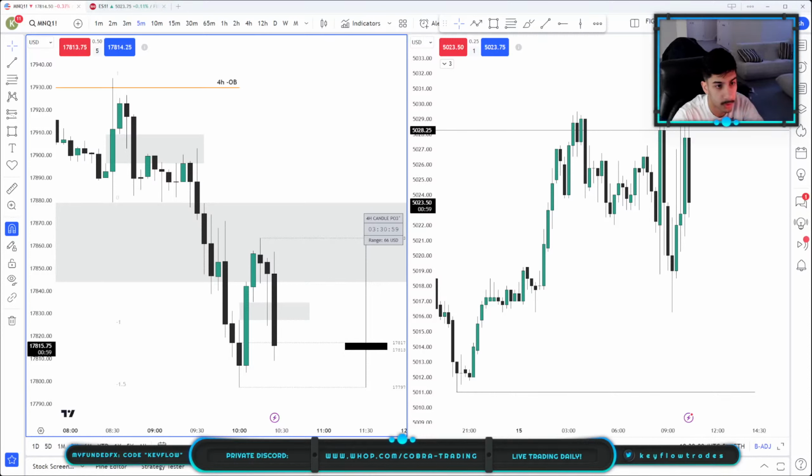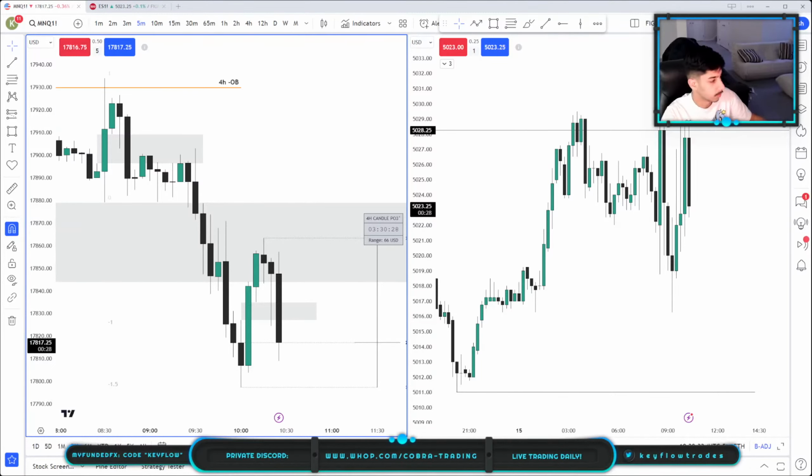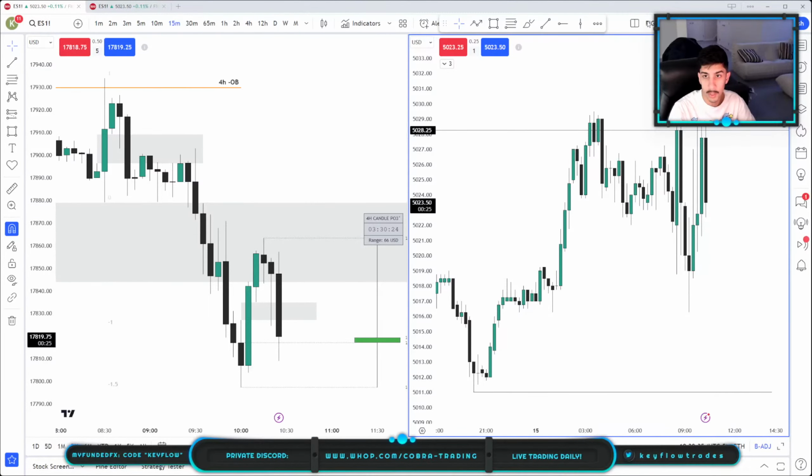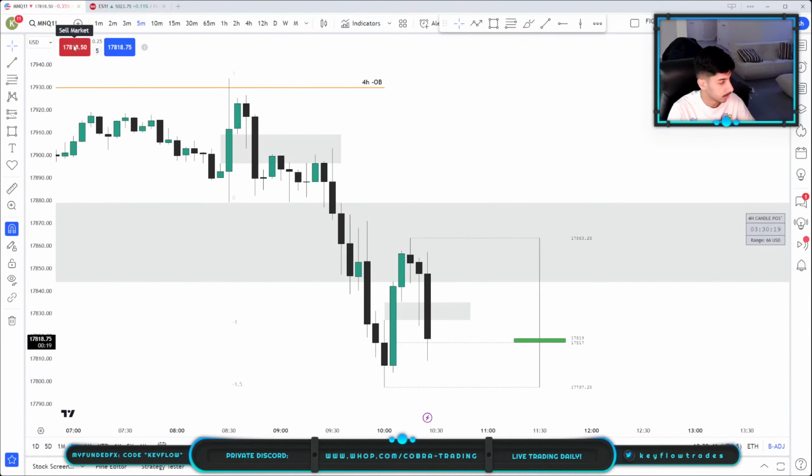So I want to wait for the close, and then that would be my entry. Almost about to close there. I'm going to remove ES and just leave NQ. You know we have SMT.